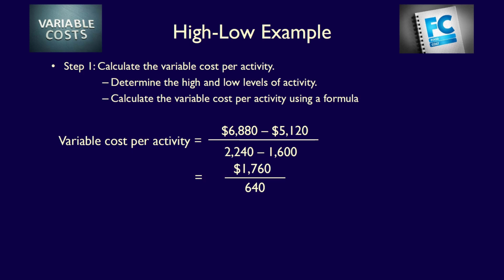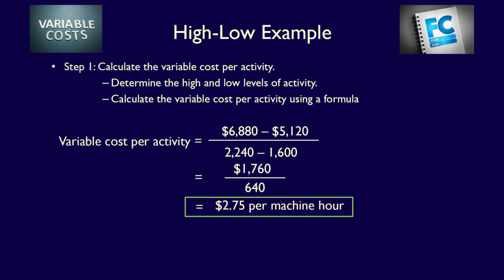This equals $1,760 divided by 640 machine hours, which equals $2.75 per machine hour. So, for every machine hour the company incurs, $2.75 of variable utility costs.